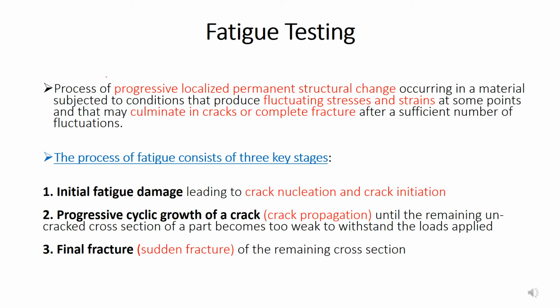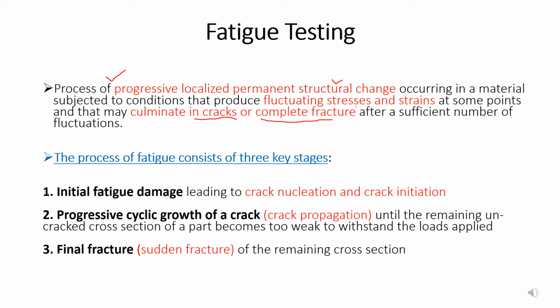The process of progressive localized permanent structural change which occurs in a material when it is subjected to fluctuating stresses and strains at some points, such that these points may culminate in cracks or complete fracture after a sufficient number of fluctuations.